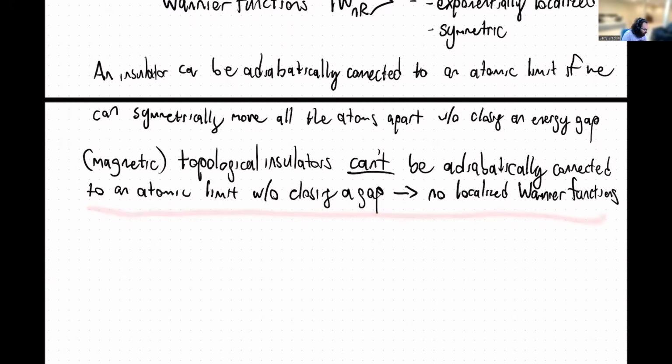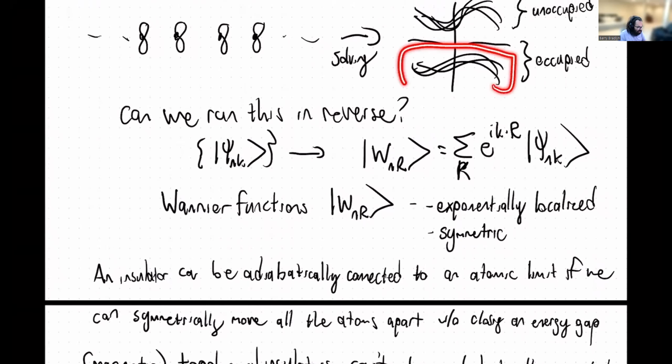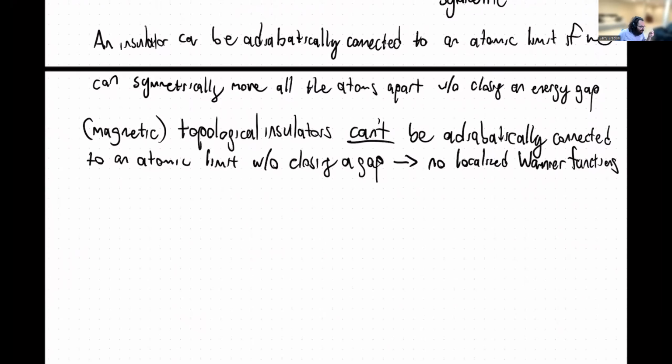The advantage to characterizing topological insulators in this way is we can use the space groups and the representations that we've been talking about to come up with a way to characterize these atomic limit band structures. And if we have a way to characterize the atomic limit band structures, we can come up with a set of diagnostic criteria for identifying when the occupied bands of a system cannot be matched by some atomic limit.